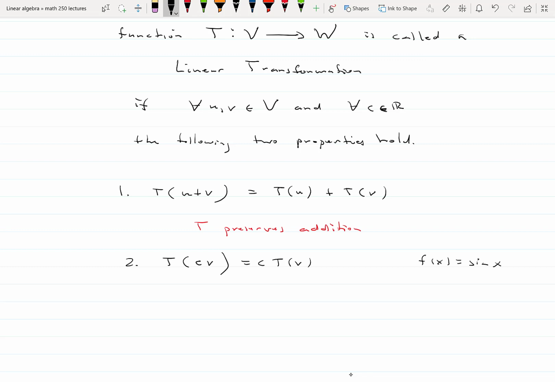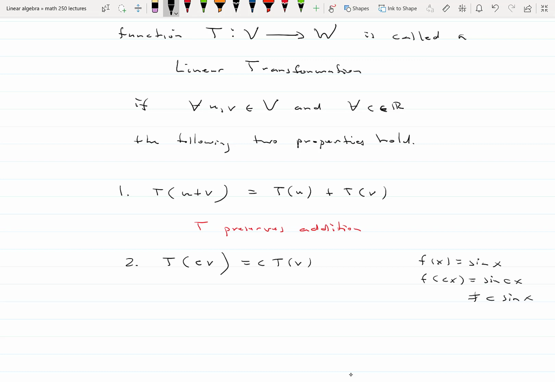Thirty years in, I've had a lot of students get really bad grades in calculus because they would like this function to preserve multiplication. Sine of cx is not equal to c times sine of x. Almost none of the functions that you've ever studied work this way.